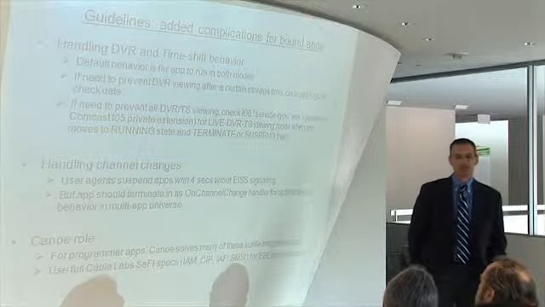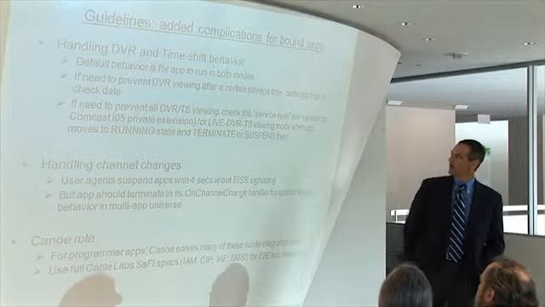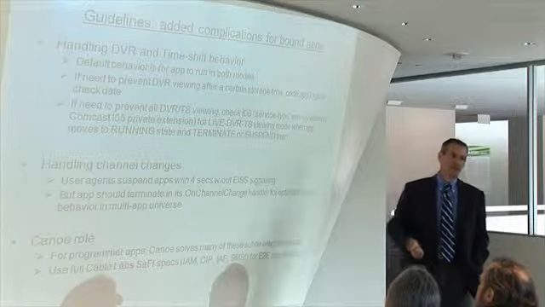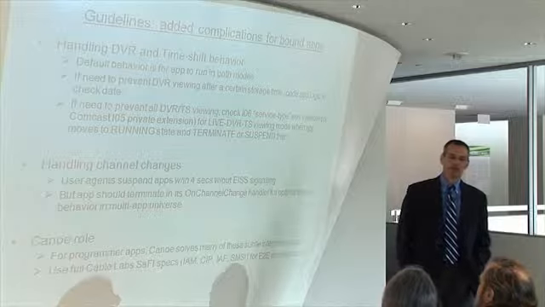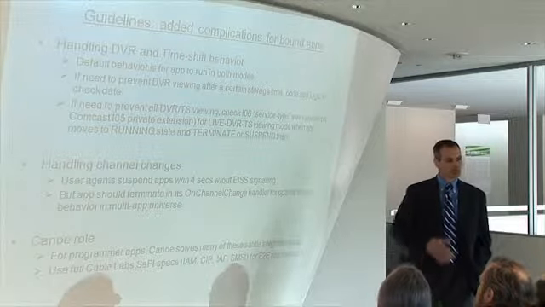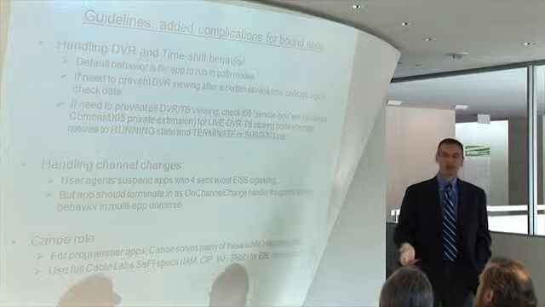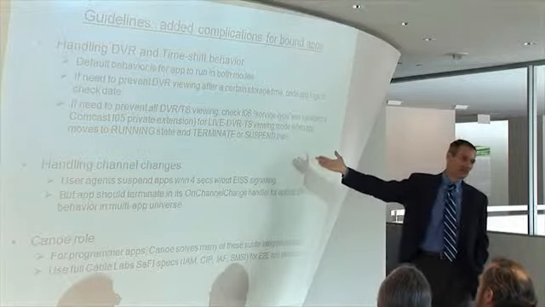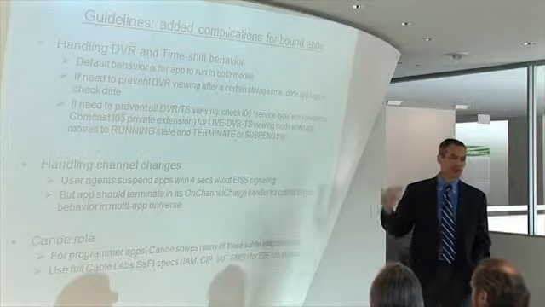But it's easily doable, and you can look at that environment variable, and that variable tells you the mode of viewing. Is it live? Is it DVR? Is it time shifted? Or is it VOD? And you base it in the app. When the app is moved into the running state, when it first wakes up, it says, what's my mode of viewing? And if it doesn't want to run in DVR time shifted mode, it looks at that environment variable, and if it sees a mode it doesn't want, it just shoots itself in the head.